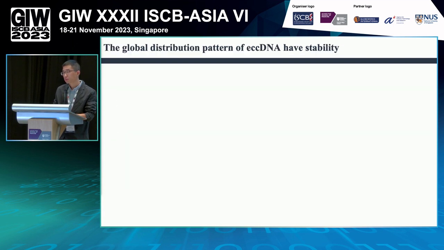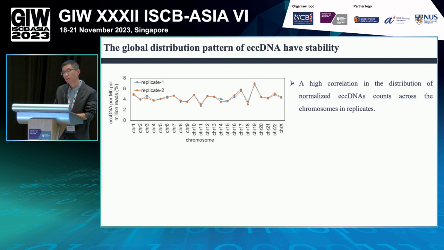So we need to eliminate the background eccDNA and combine other data such as transcription data to analyze eccDNA characteristics. But I found an interesting phenomenon.